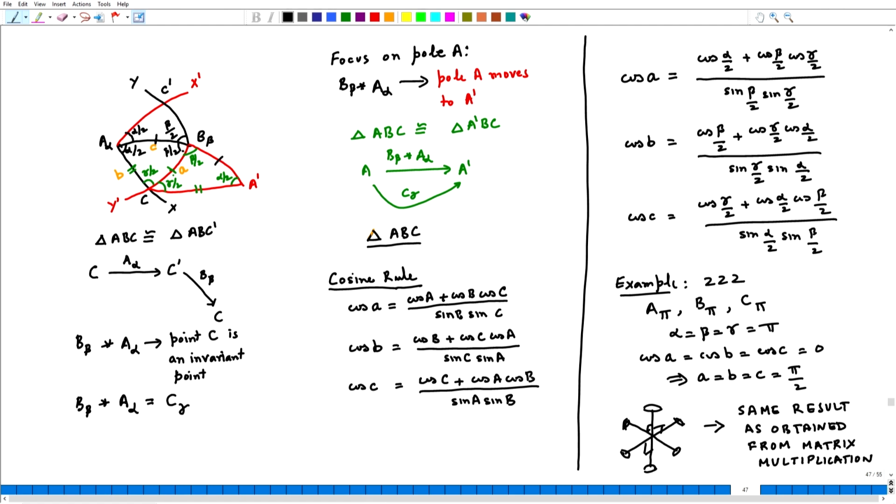And this is the only possible combination for 3 two-fold rotation axes.